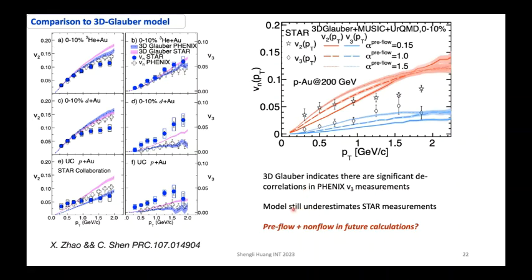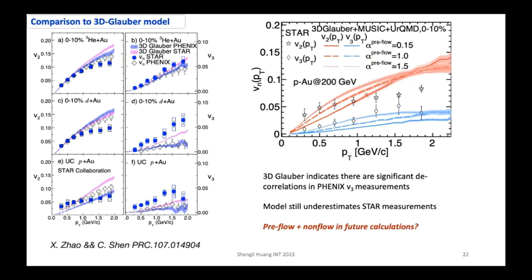Right. I think the models simply need some improvement in the future, like they could include some other effect like pre-flow or some non-flow in the calculation, which can be implemented in the future. Because in this one, you can see in the p+Au collisions, if the model adds the pre-flow effect, then both V2 and V3 become bigger and closer to the STAR data.